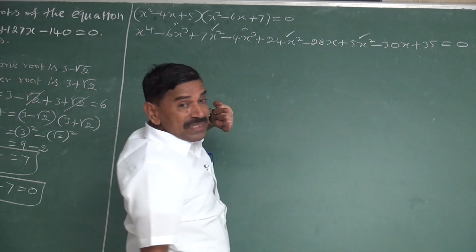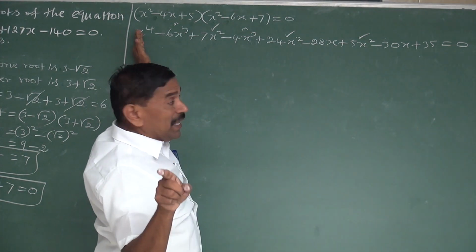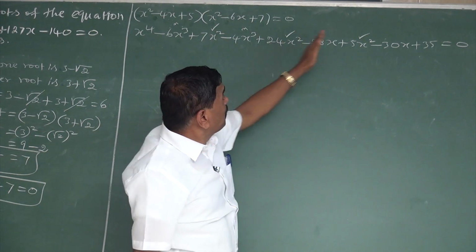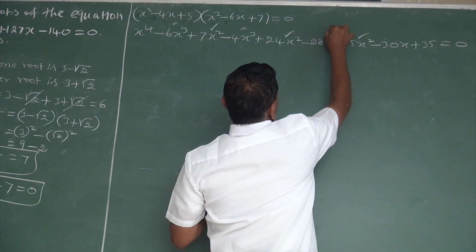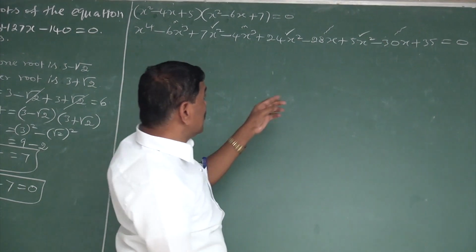Very good, x square is present in 3 places. So x power 4 is present in 1 place, x cube in 2 places, and x square in 3 places. Then come to x, where x is present as minus 28x and minus 30x. Okay, x is present in 2 places.